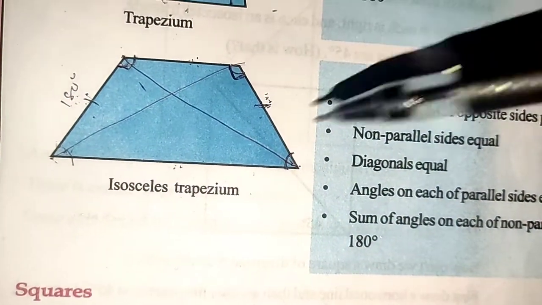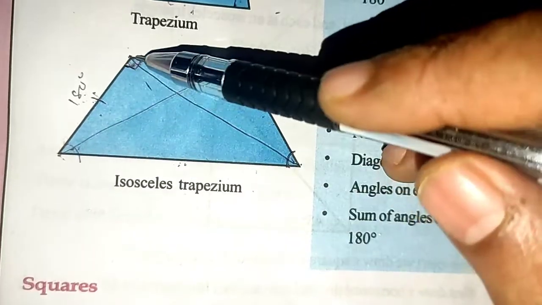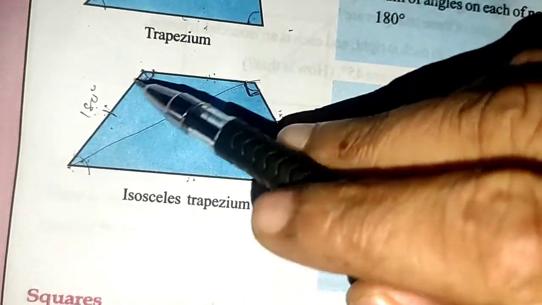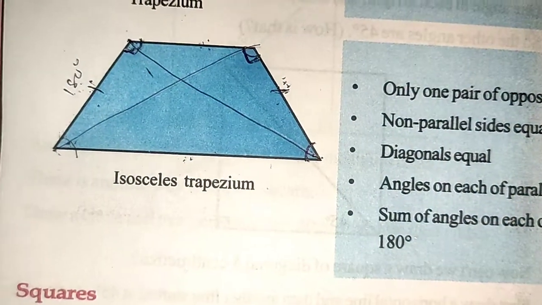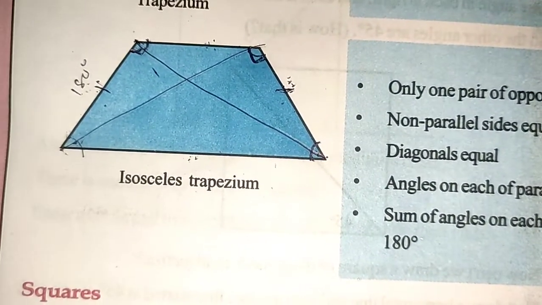And the sum of these two angles is equal to 180 degrees. These are co-interior angles, and from 7th standard we know that co-interior angles are supplementary.